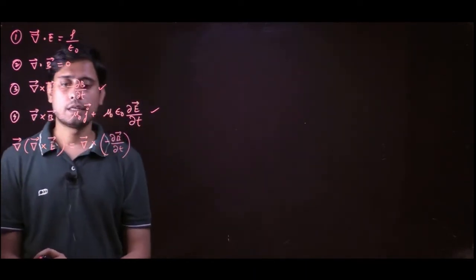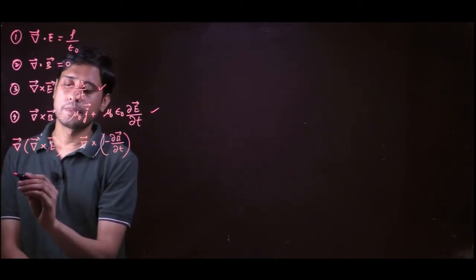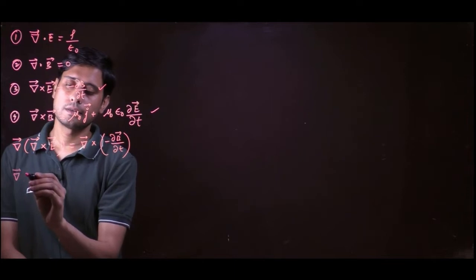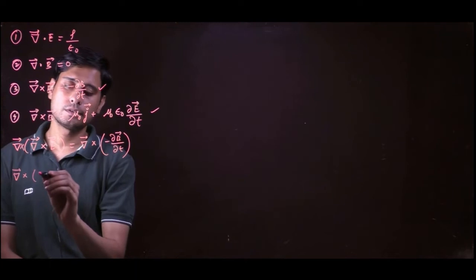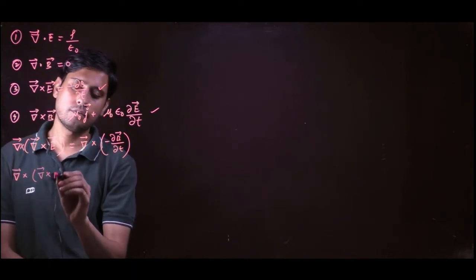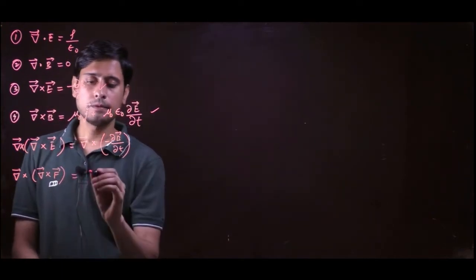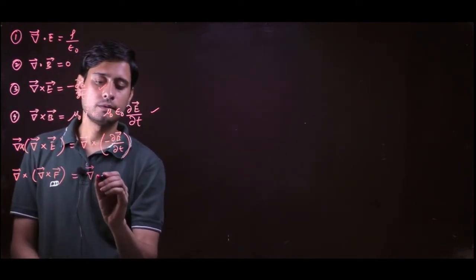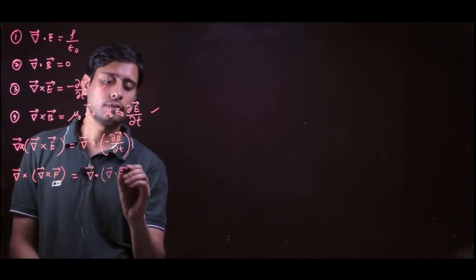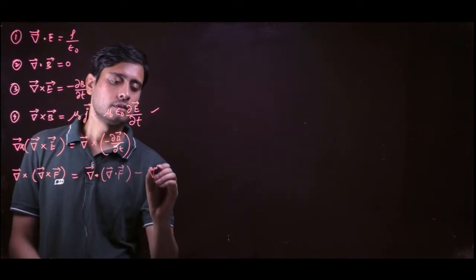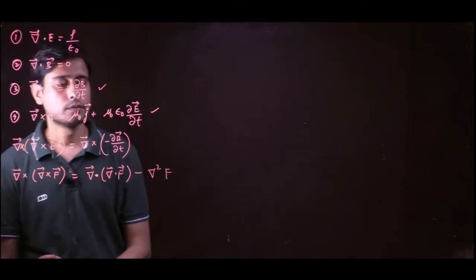Now we will use an identity: del cross del cross F, where F is any vector field, is equal to del of del dot F minus del squared F. This is sometimes called the Laplacian operator.